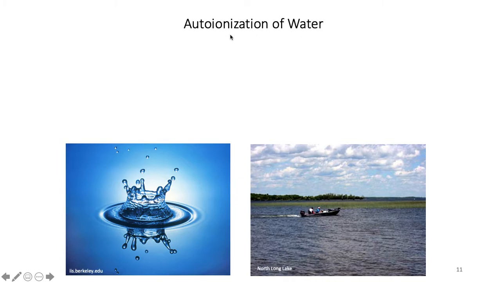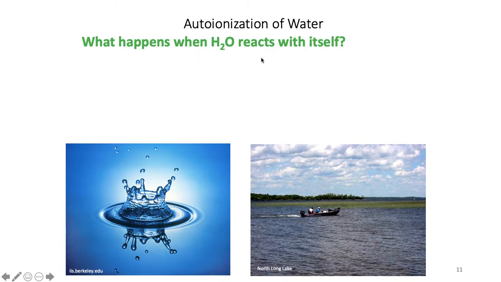So water self-ionizes, that's the auto part, and basically it reacts with itself. What is the reaction? Here's what happens. I have water in the liquid phase plus water in the liquid phase, so I have two molecules of water, and one of them is going to act as an acid and one is going to act as a base.